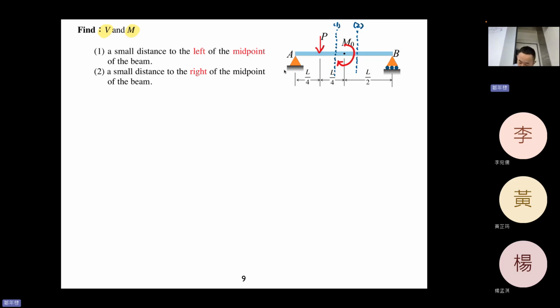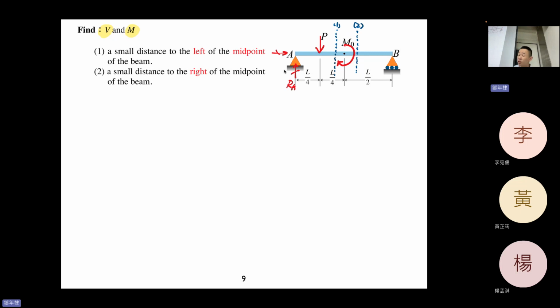Okay, now before we solve the problem, we need to find the reaction forces. So the triangle support has two reaction forces. This one is RA, and this is RAH.